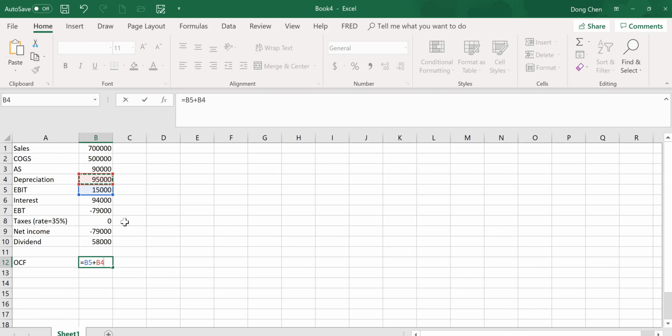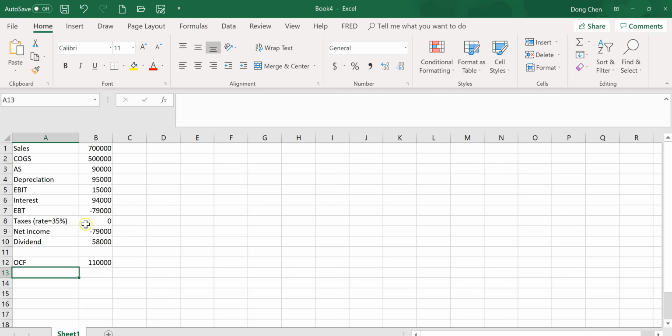The firm doesn't have to write a check for the depreciation. That's why, since we are trying to figure out the cash flow, we have to add it back. But then we have to deduct taxes. In this case, that doesn't make any difference because tax is 0. The operating cash flow is this amount.